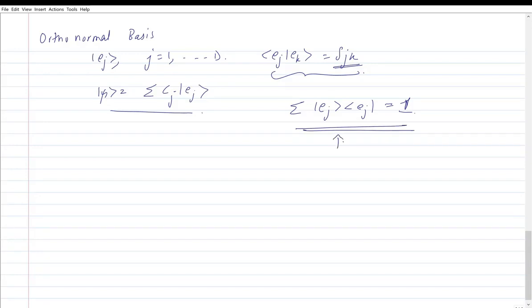And as we discussed, if I have a vector expressed on an orthonormal basis, my coefficients are given by this quantity, which is essentially, as we have discussed, the probability amplitude, or the conditional probability amplitude.